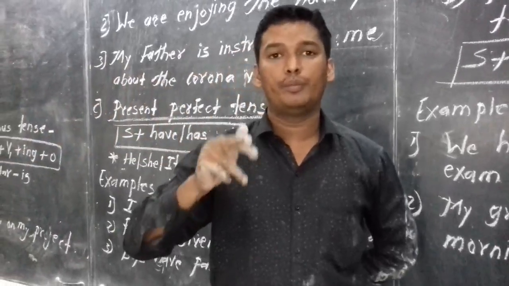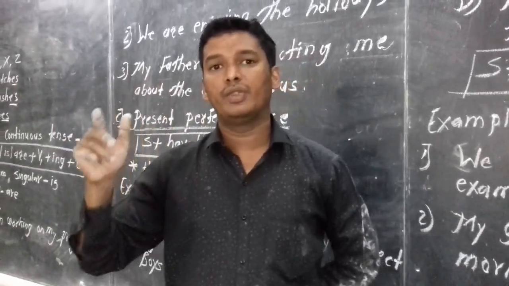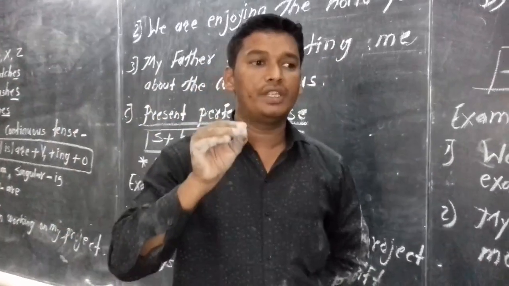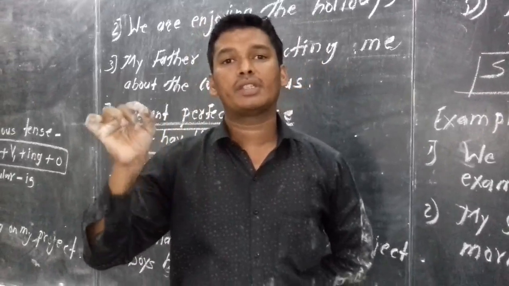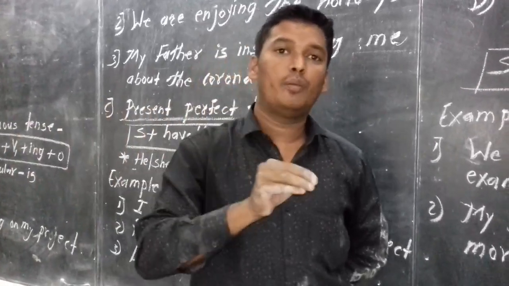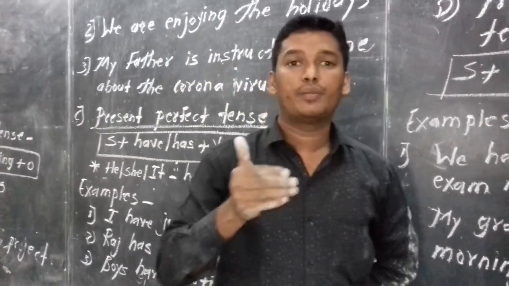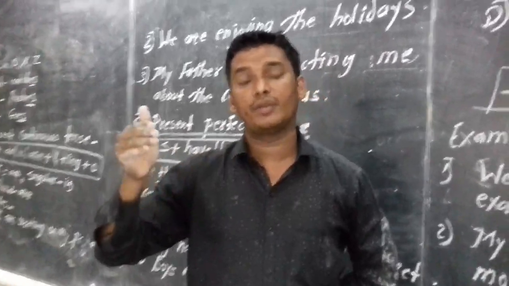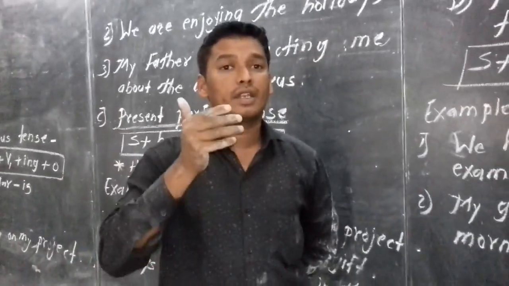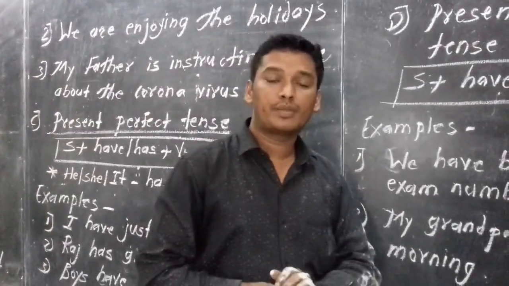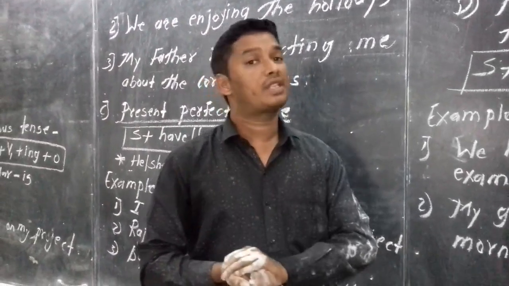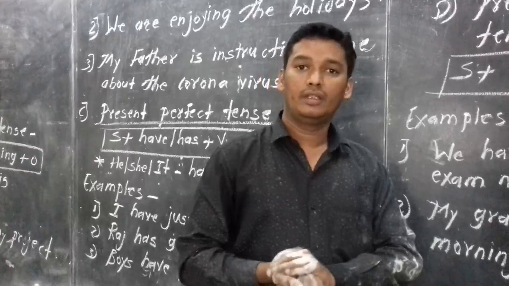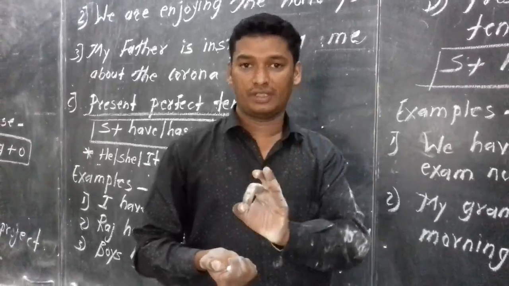The structure of simple present tense: S plus V1 plus O. The structure of present continuous: S plus am/is/are plus V1 plus ing plus O. The structure of present perfect: S plus have or has plus V3 plus O. And the structure of present perfect continuous tense is S plus have or has plus been plus V1 plus ing plus O. You should know these structures.